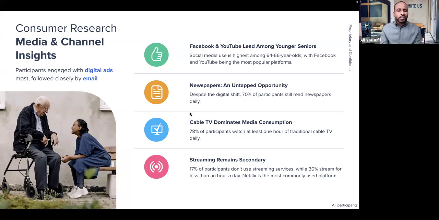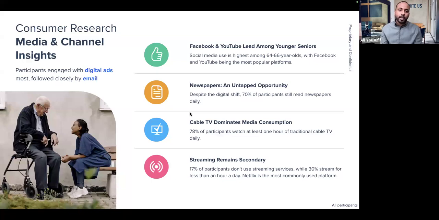One really interesting thing that came out of this research was that newspapers remain very popular, and around 70% of the participants said that they read the newspaper daily. So this can be a good tactic to target folks, whether it's print or digital. Newspapers are still an untapped opportunity, so having ads there and reaching seniors that way.